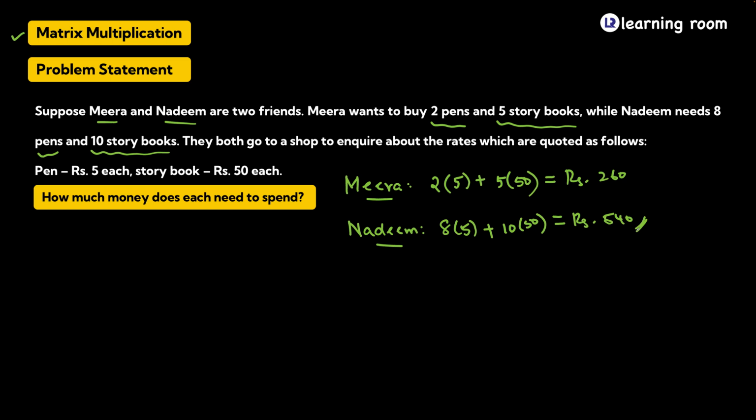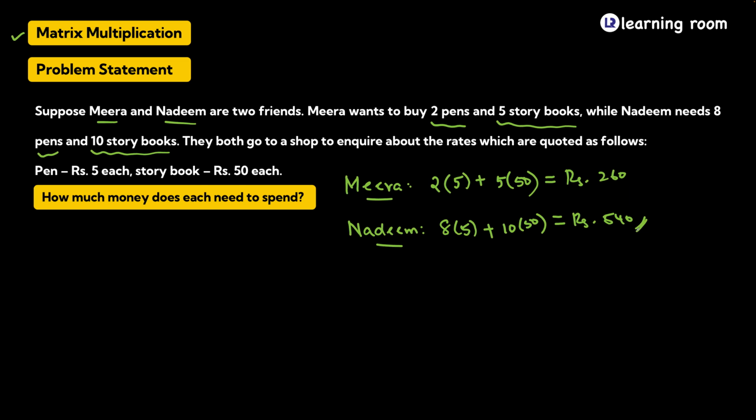But the question is, if this data, the number of pens and storybooks, is in one matrix, and you write the cost of each pen and storybook in another matrix, then if you perform an operation called matrix multiplication, we need to validate whether we are getting the same result or not.